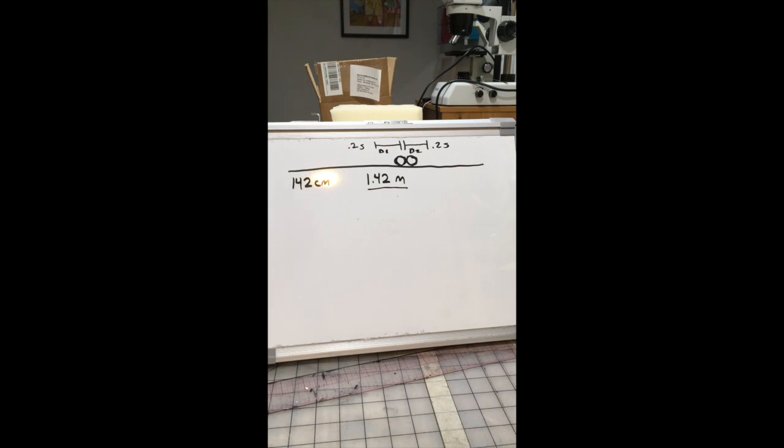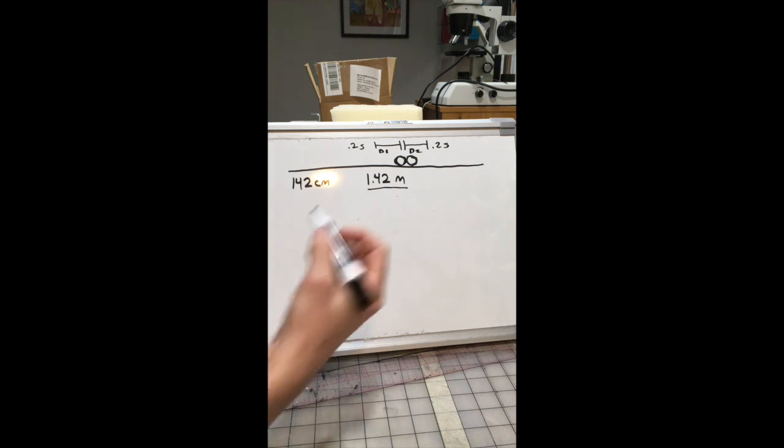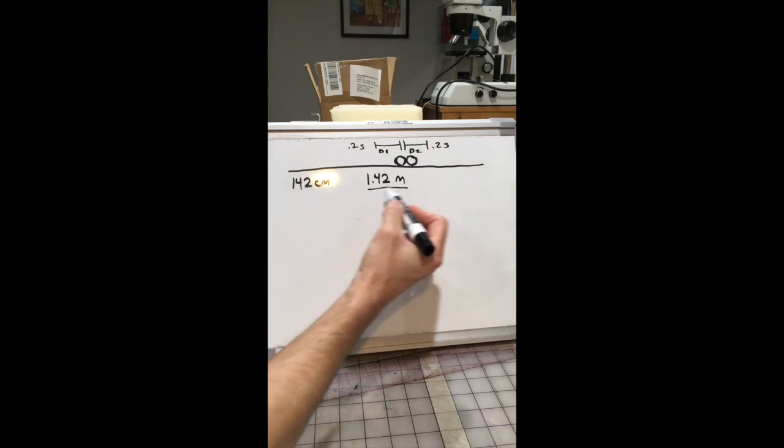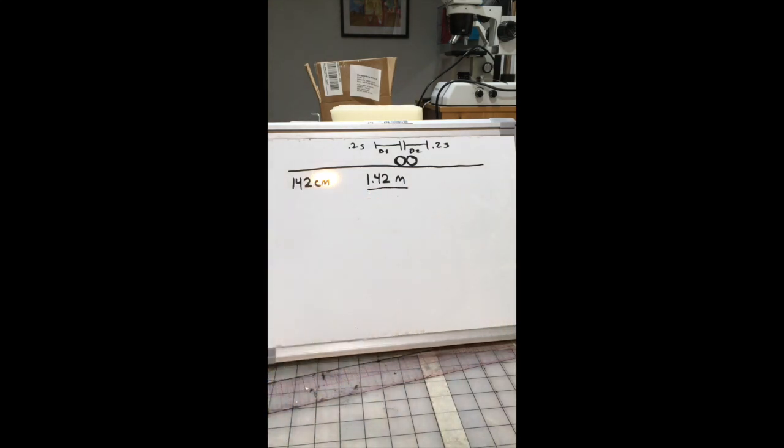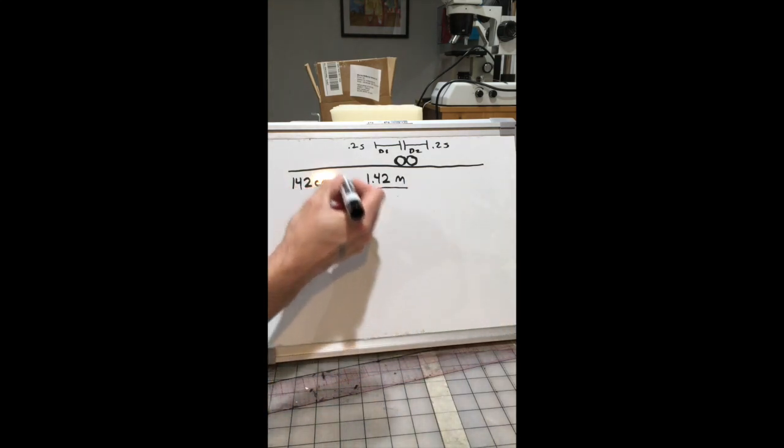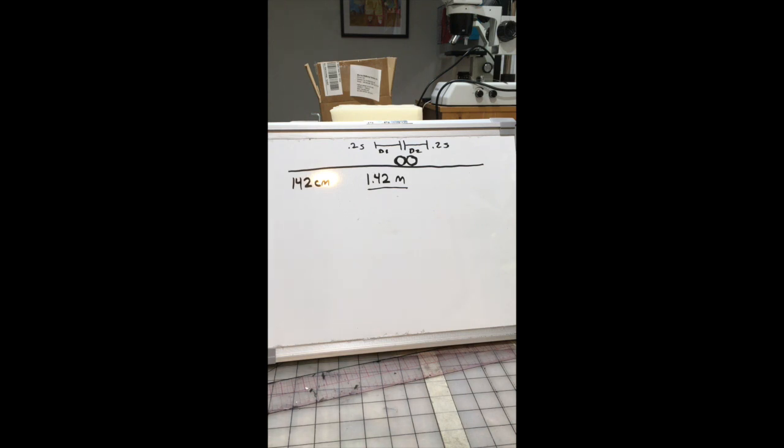So let's talk about why I wrote a methods section and showed you what the experiment looked like. First of all, the tape measure track that the marbles are moving on is a total of 142 centimeters long.